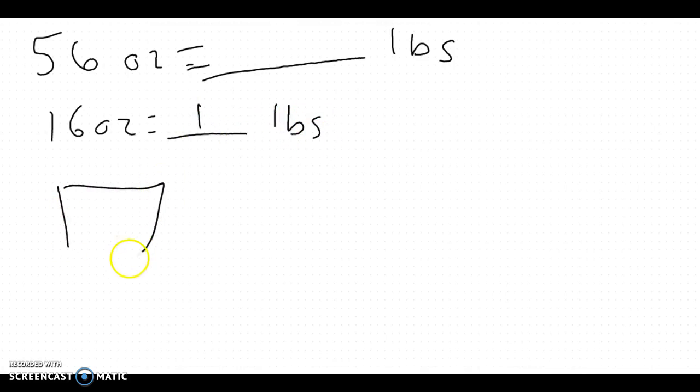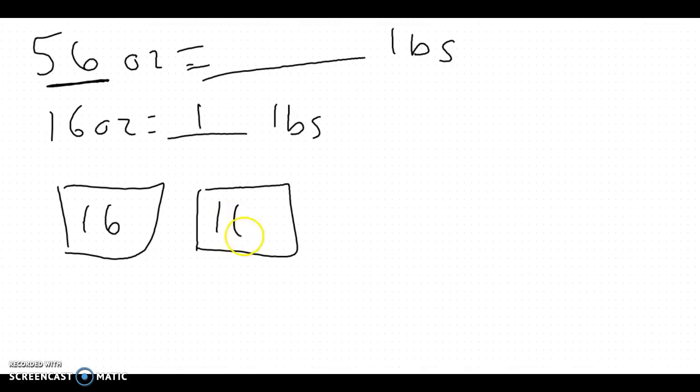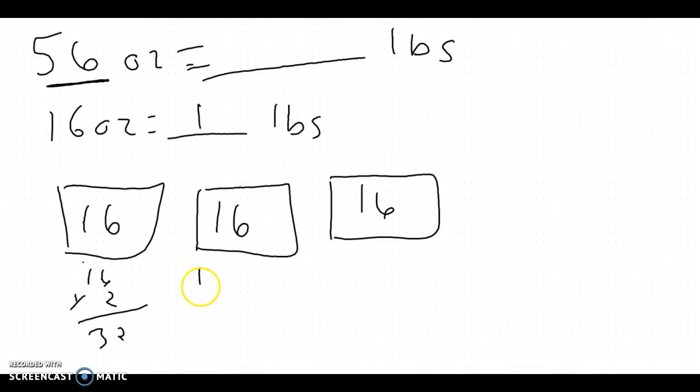So I know that there are 16 ounces in every 1 pound. So again, if this is my pound, inside it would be 16 ounces. I have 56 ounces and I need to find out how many pounds that would be. So 2 pounds would be 16 times 2, which would be 32 ounces. So I'm going to add another 16. We'll see what 16 times 3 is.